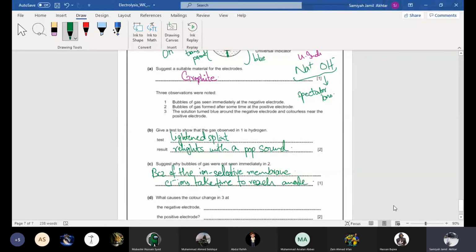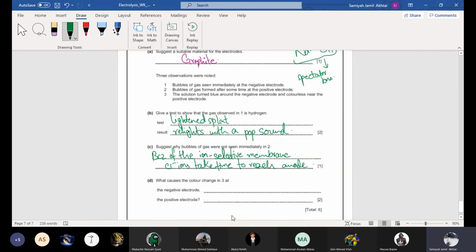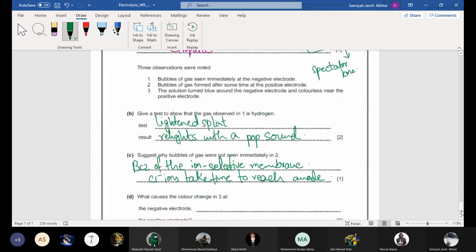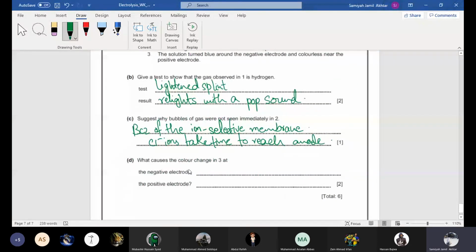What causes the color change in 3 at the negative electrode and positive electrode? Sodium hydroxide at the negative electrode and at the positive electrode chlorine gas. For the negative electrode, it's blue color. Blue color is formed on the negative electrode side because of the formation of NaOH, the alkaline solution.